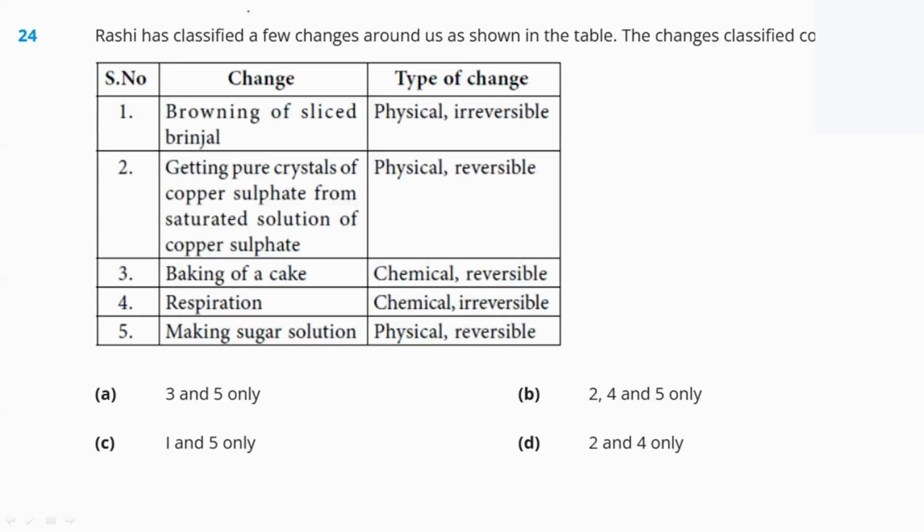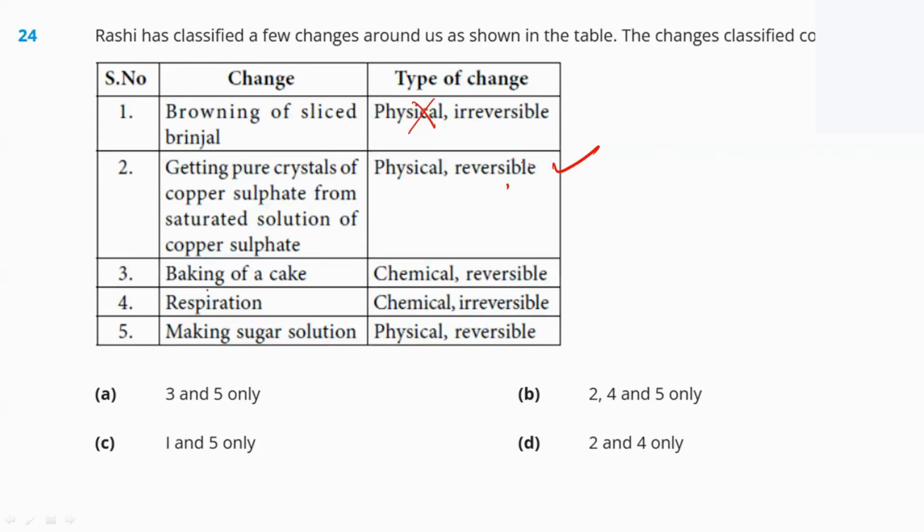Next, Rashi has classified a few changes around us as shown in the table. The changes classified correctly are, so change and the type of change given here. Browning of sliced brinjal is physical and irreversible change. No, it is a chemical change. So this is incorrect. Next is getting pure crystals of copper sulfate from the saturated solution of pure copper sulfate. This is physical and reversible. Okay, so this is correct.